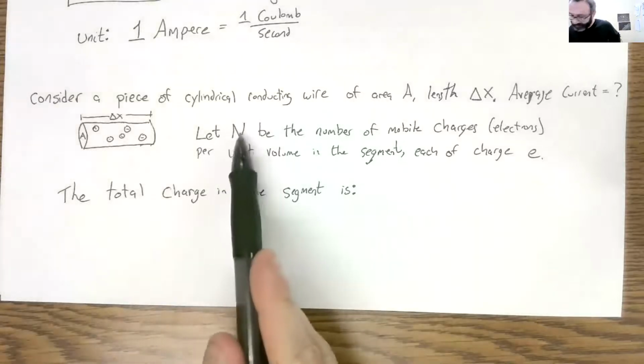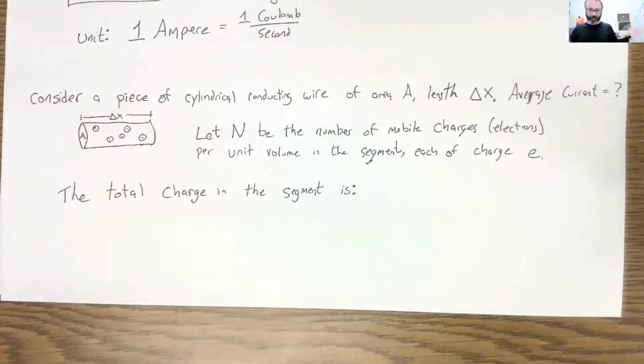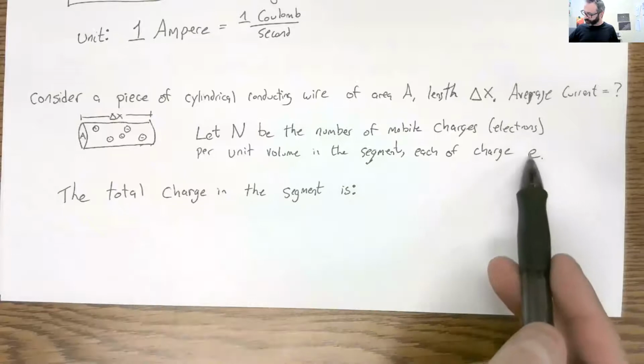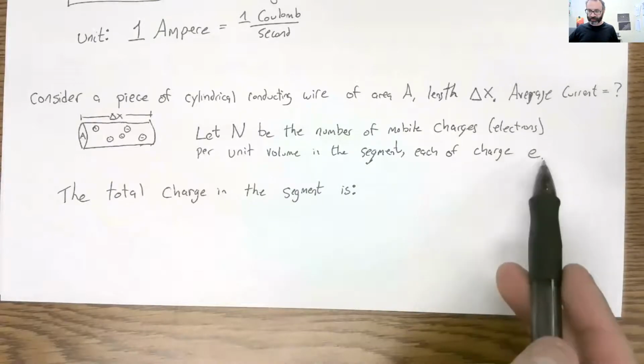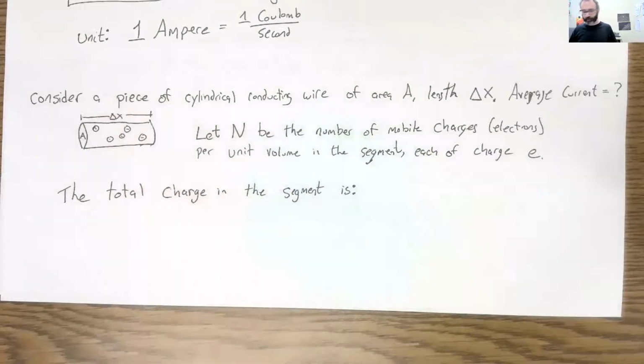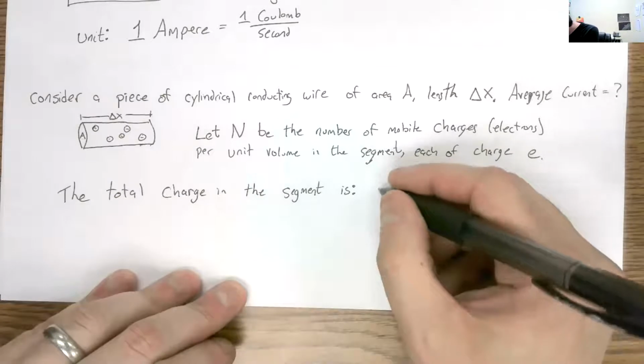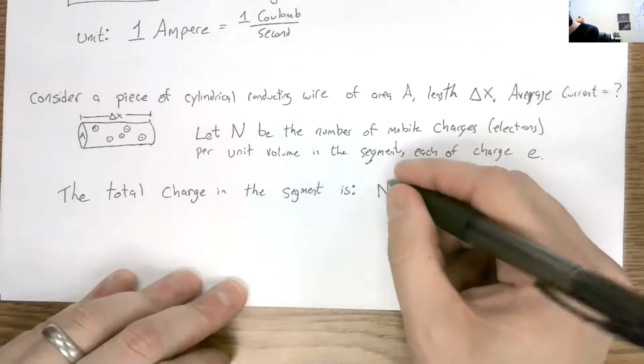So capital N here is the number of charges per total volume. If we want the total charge, we want the number of charges times the charge per charge, E. So if N is the number of charges per unit volume, the total number of charges in our wire is N times volume.